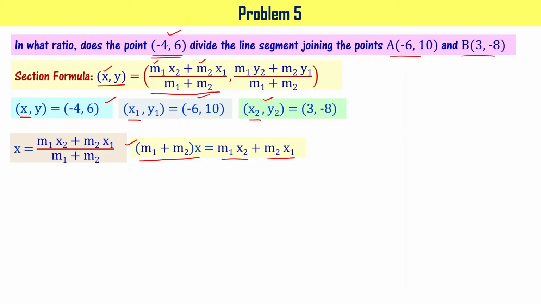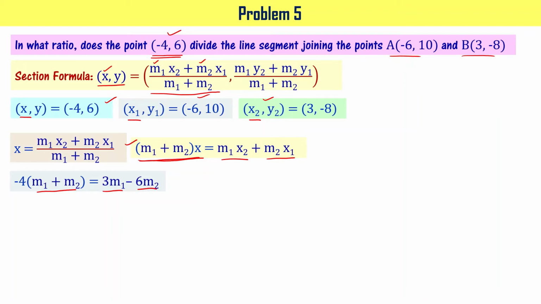Now let's substitute the values of x, x1 and x2. When you do that, I can write it as minus 4 times m1 plus m2 equal to 3 times m1, that is x2 times m1, minus 6 times m2, right?